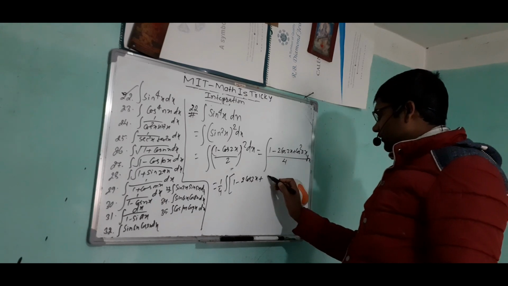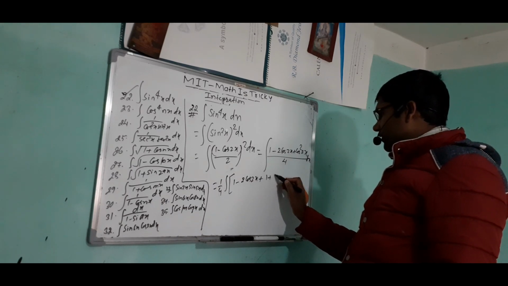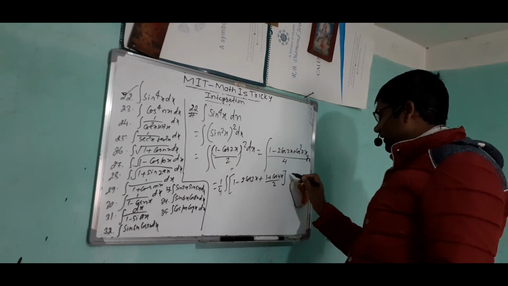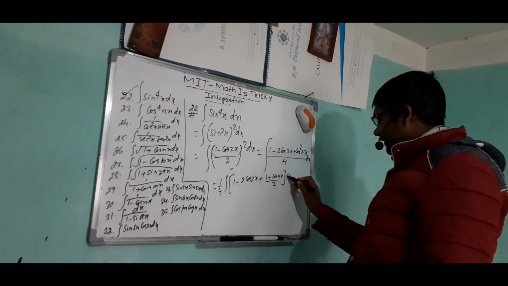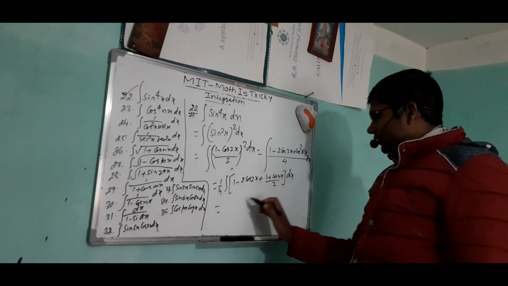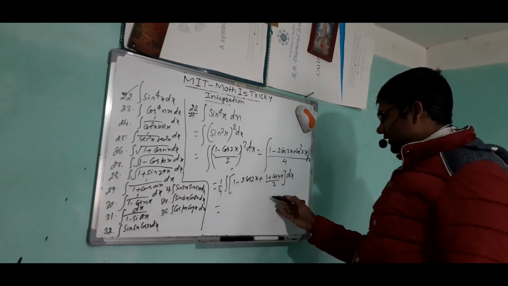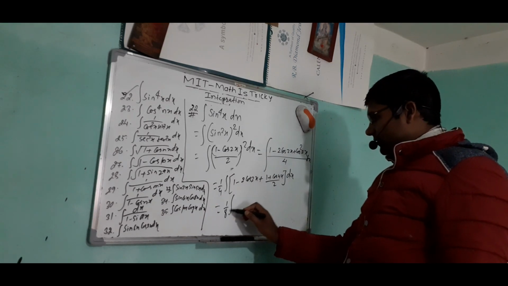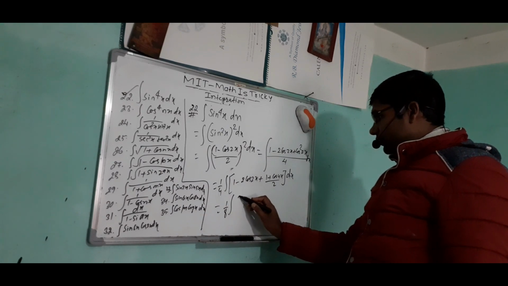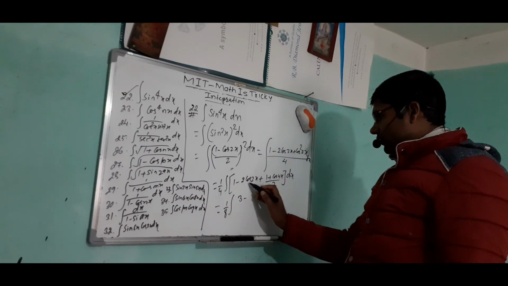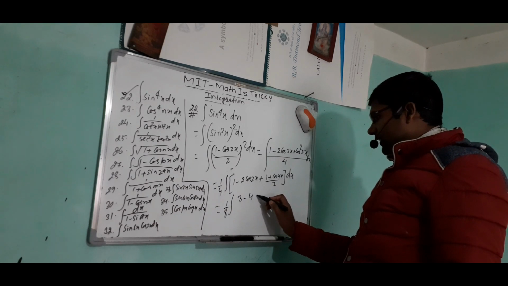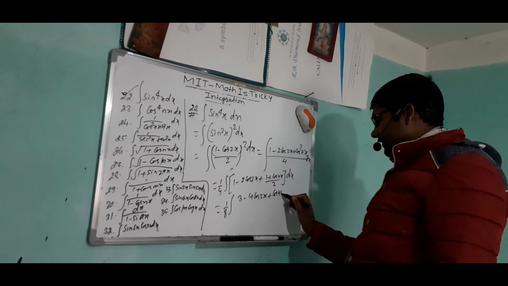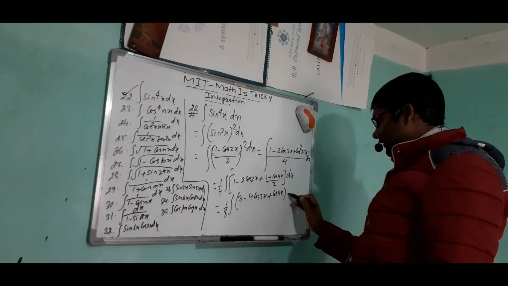For cos² 2x again we can write the formula, (1 + cos 4x)/2, and then dx. Now if you take the LCM, it is going to be 1/8 times (3 − 4 cos 2x + cos 4x) dx.